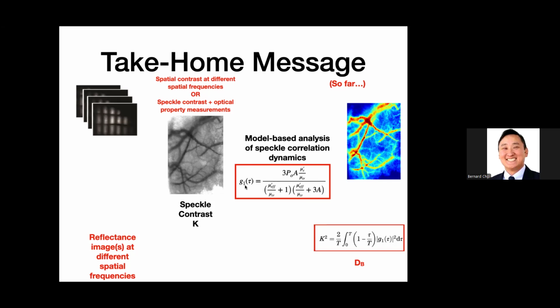We typically do numerical integration with this equation in a form like this to get the contrast out and then get the flow. We measure the contrast. The diffusion coefficient is baked into this part right here. So that's the only unknown that we're trying to fit for.